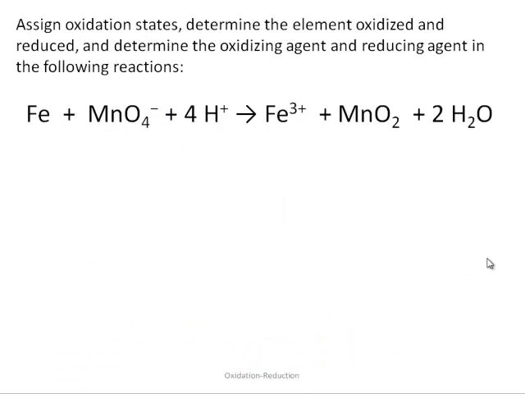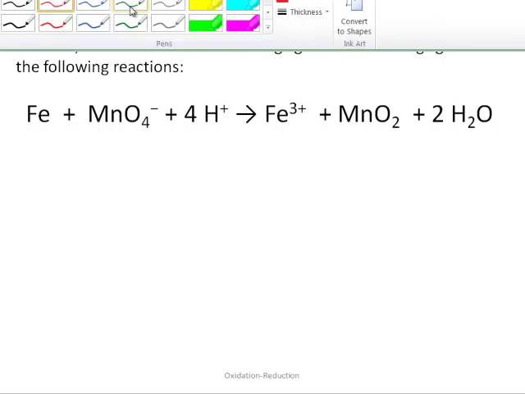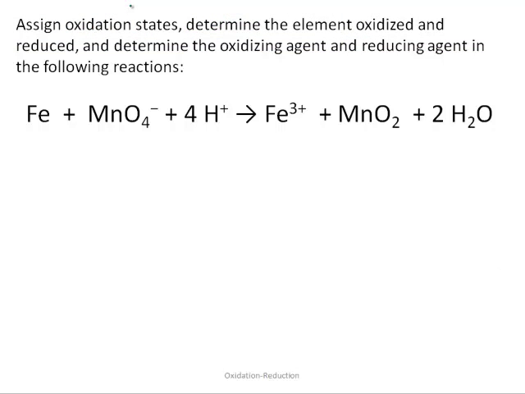Okay? So let's take a look at this. Let's determine the oxidation states so that we can determine what element is oxidized and, of course, what the agents are. Here we're just going to do the same type of work and determine the oxidation states of these. This is iron by itself, probably should have a solid there, so that's going to be 0.